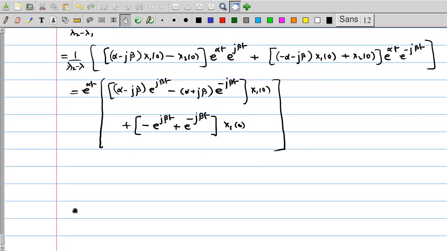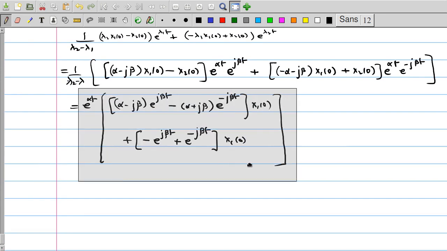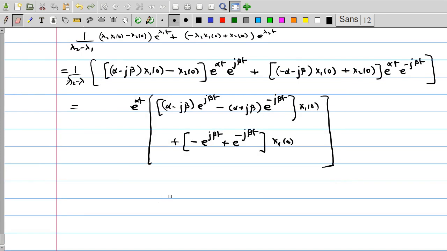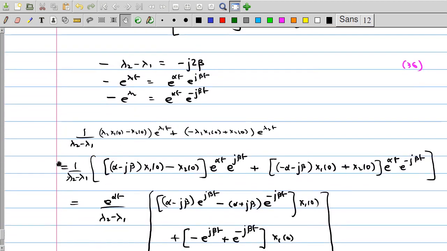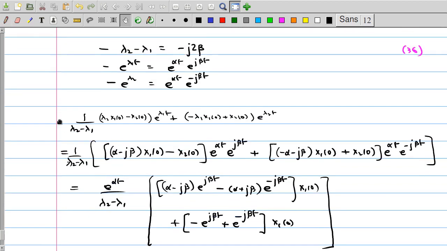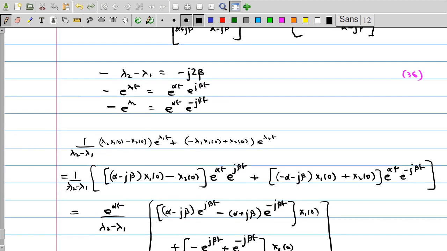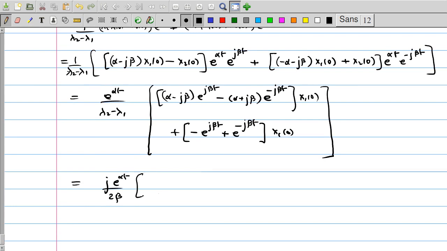Equals e to the power of alpha t over lambda 2 minus lambda 1, and that is equal to minus j2 beta. If I divide by minus j2 beta, the minus j becomes a plus j. So it becomes j e to the power of alpha t over 2 beta, times this whole thing over here, which you can try to write in one line.